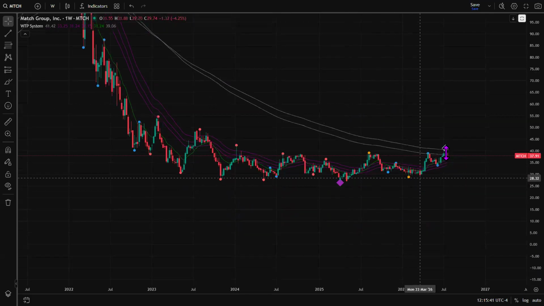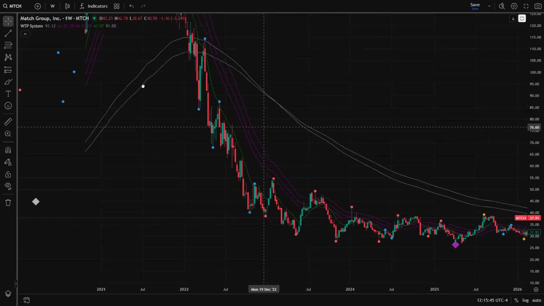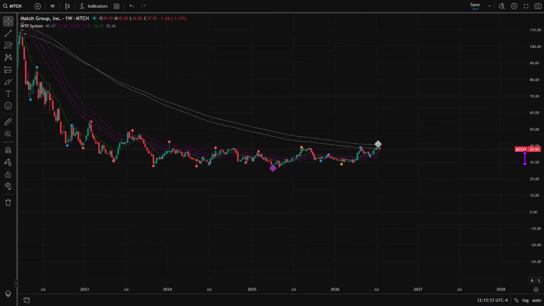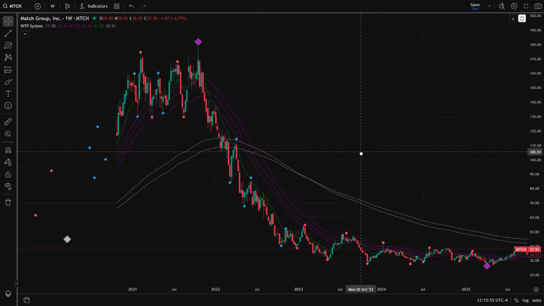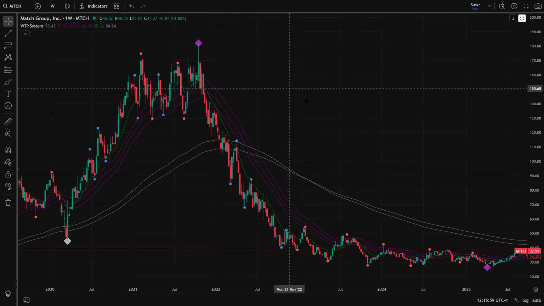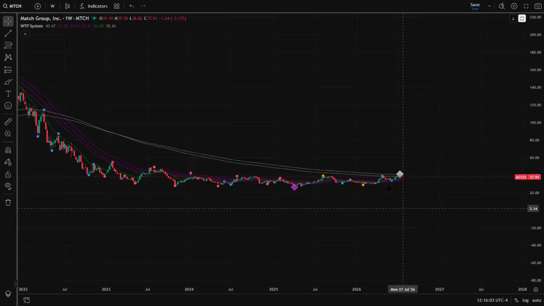Yeah, this is a nice three-wave move up into the tunnel, and this is a beautiful downtrend, isn't it? Oh my gosh. I don't know how much further this is going to go before it goes out of business. Look at this. From $180 down to $37.